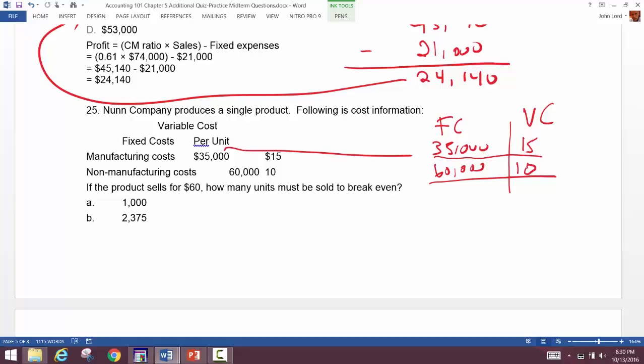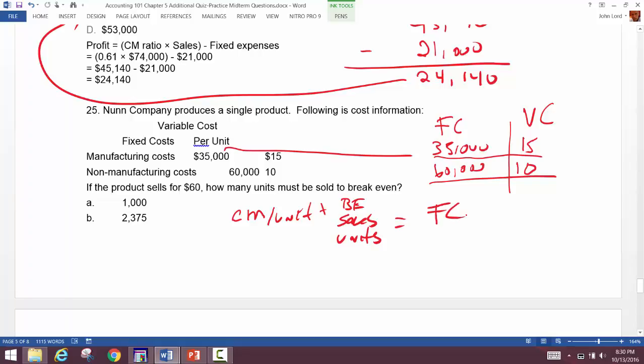Now, the way you mess something like this up on the exam is you start letting the creative part of your brain take over. Don't let it do that. Okay? You've got to keep that creative part in a cage while you're doing these things, and you've got to say, well, look, I know that my contribution margin per unit times my break-even sales units has to equal my fixed cost, doesn't it?